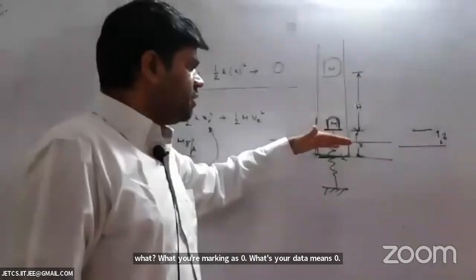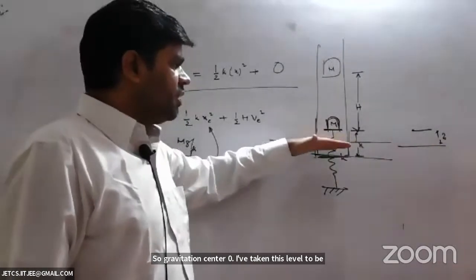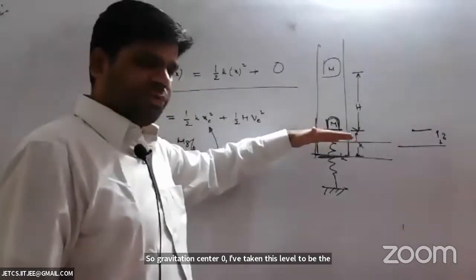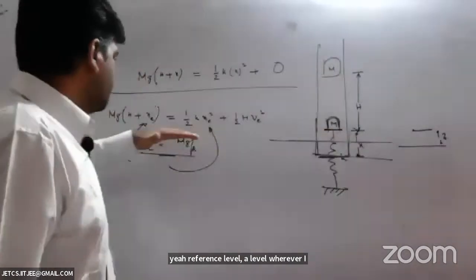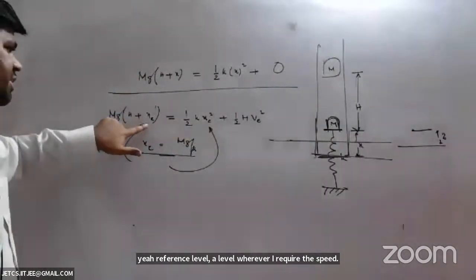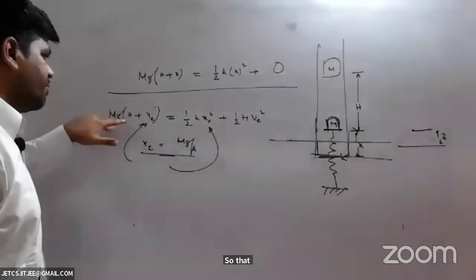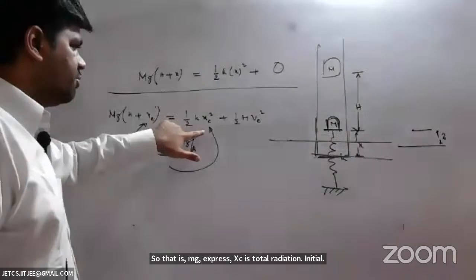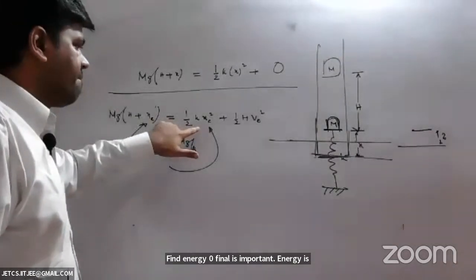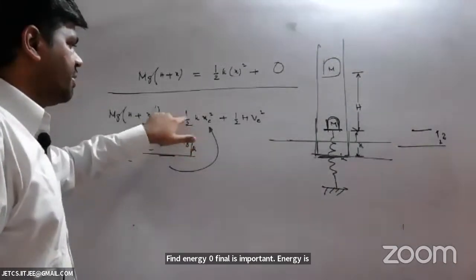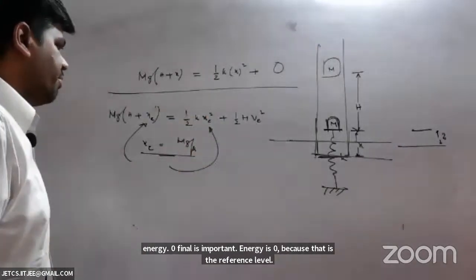I have taken this level to be the reference level, the equilibrium position level, wherever I require the speed. So that is mg into h plus xe, the total gravitational potential energy initially. Kinetic energy is 0. Final gravitational potential energy is 0 because that is the reference level, plus spring potential energy plus kinetic energy.